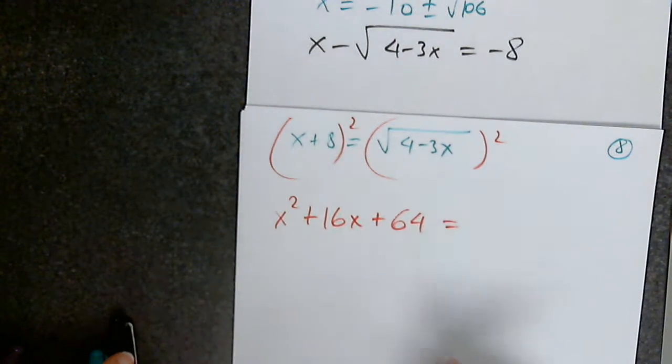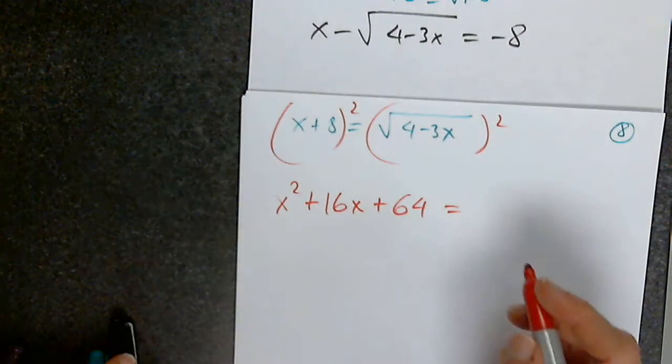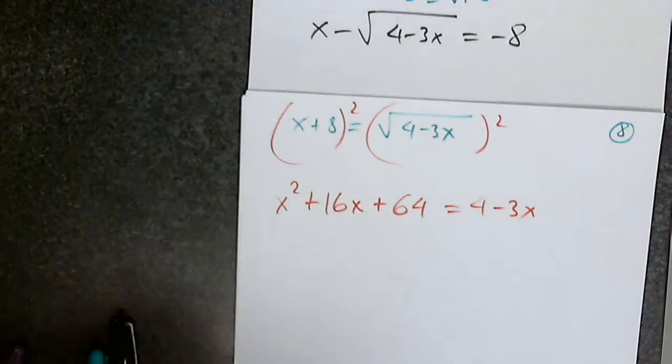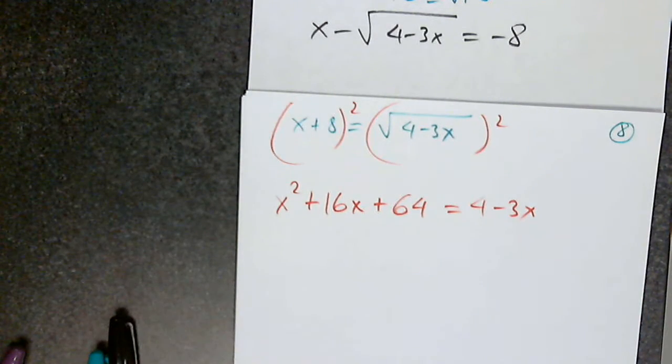Awesome. And the right-hand side? 4 minus 3x. Very good. We know how to solve this. It's a quadratic, set it equal to 0, use anything you want. If factoring takes you too long, then you have the quadratic formula. Of course, you're not going to complete the square and take the square root. That's way too much, too long.